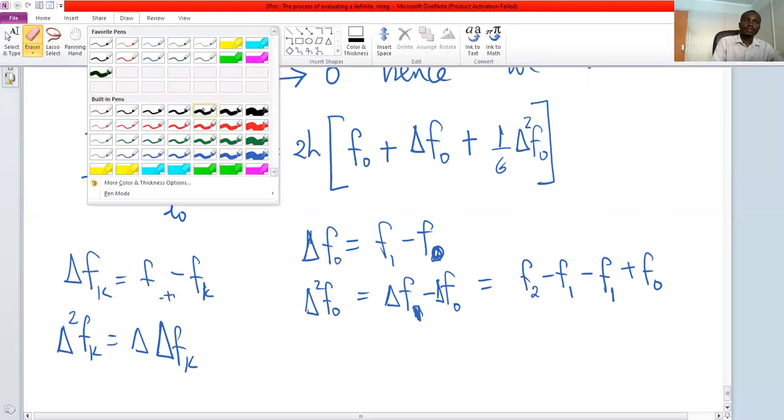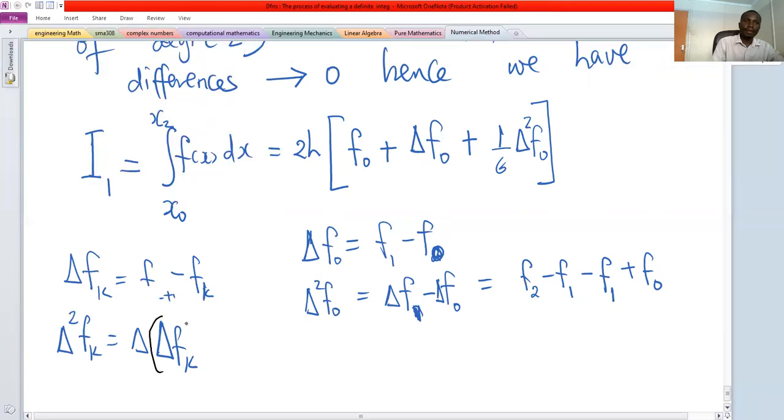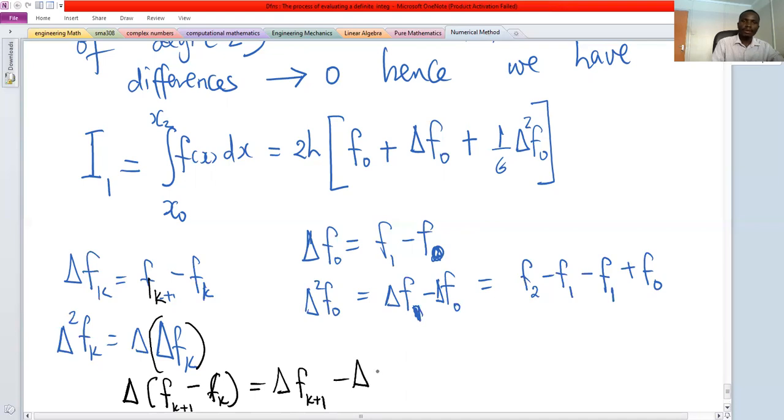Which is the same as writing forward of this, which by definition is Fk plus 1 minus Fk. So which will be forward of Fk plus 1 minus forward of Fk. And so forward of Fk plus 1 is Fk plus 2 minus Fk plus 1, minus forward of Fk, which is Fk plus 1 minus Fk.